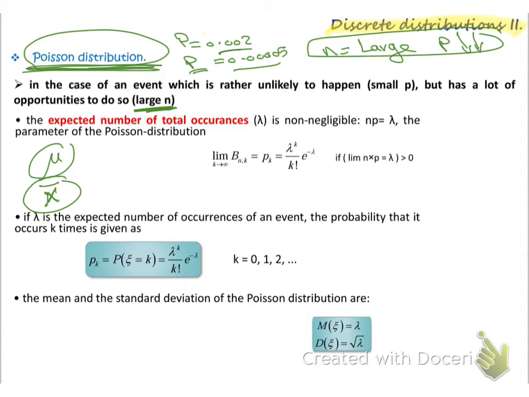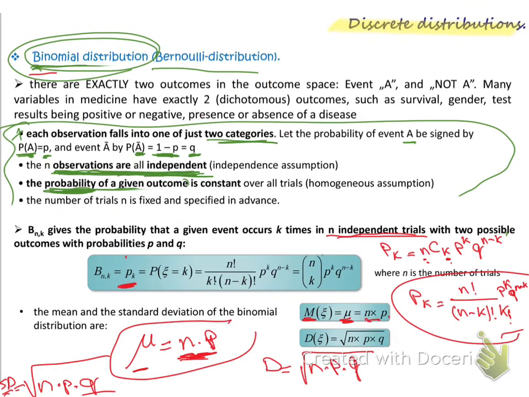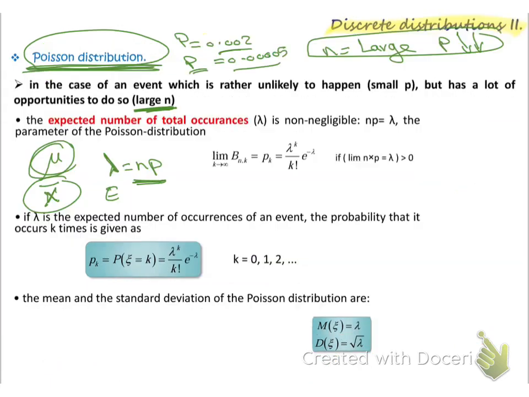Sometimes they call it E or they call it lambda. So lambda equals N P. You remember in the last slide the mean equaled N P. Here also the same thing. Lambda equals N P.